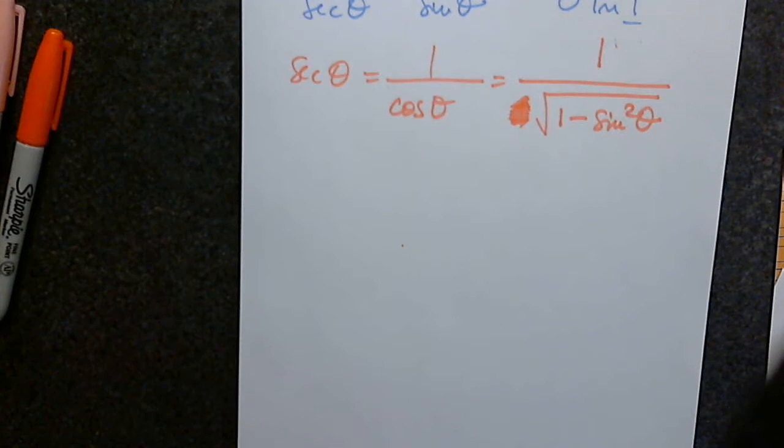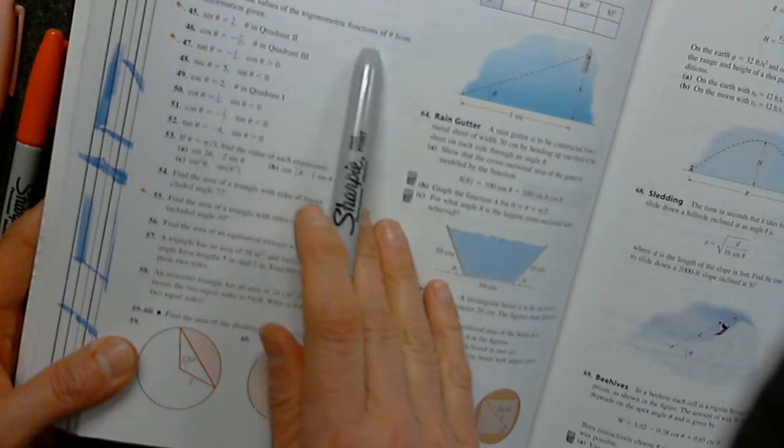Next set, 45 through 52. Find the values of the trig functions of theta from the information given.